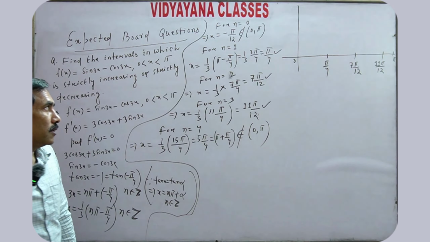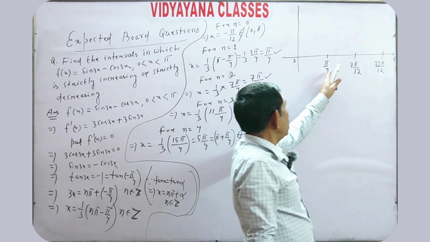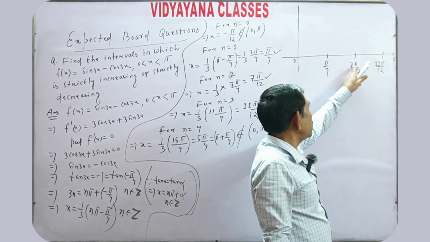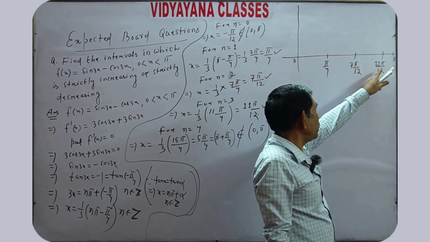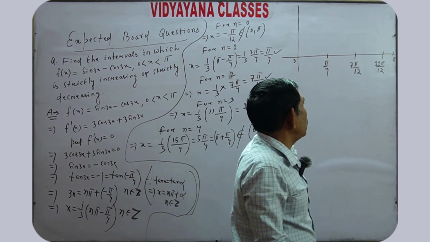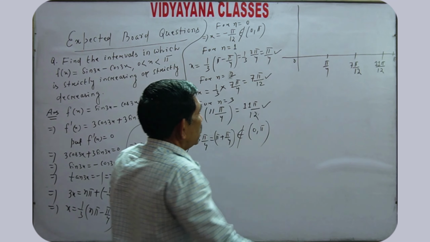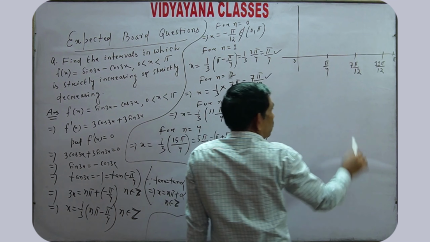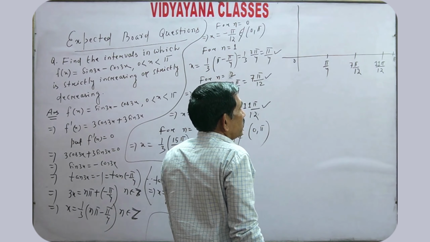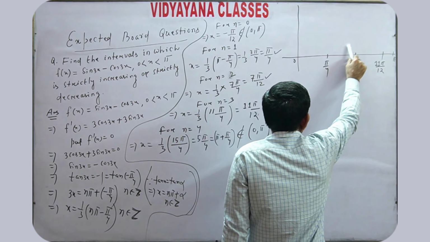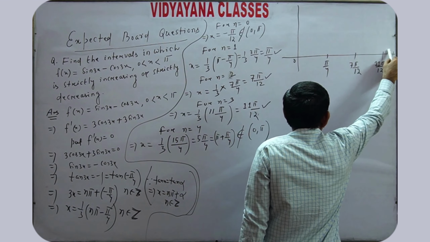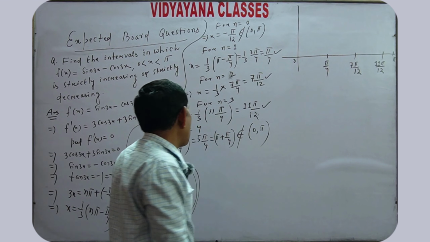Clear? At x equal to pi by 4, 7 pi by 12 or 11 pi by 12, the derivative is equal to 0. In this interval, the derivative may be less than 0 or greater than 0. Similarly, in this interval, and in this interval.